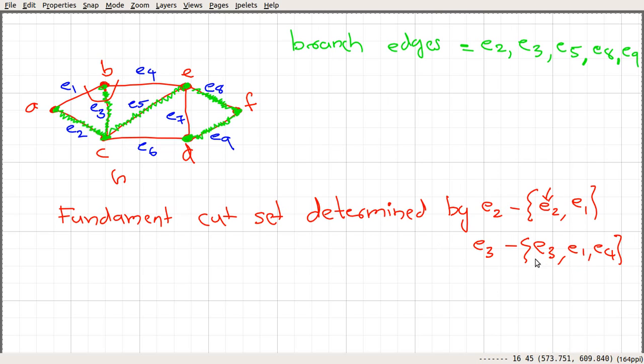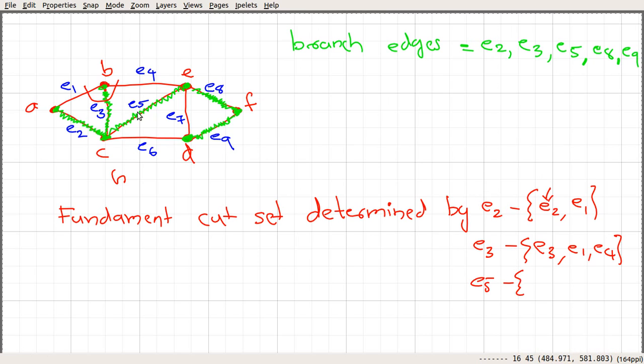We can see that this is a cut set, and furthermore it contains exactly one branch edge only. So that is also a fundamental one, determined by this E3. Now let's consider E5.